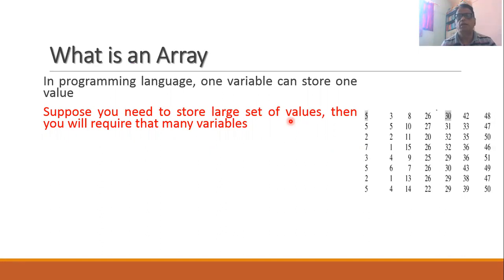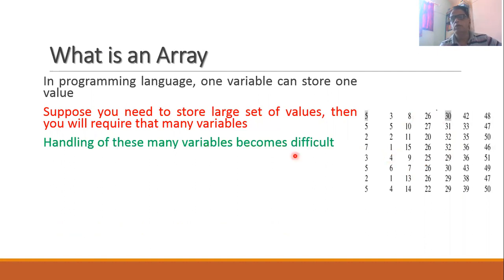Say, for example, if you have the marks scored by students in different subjects, say there are 7 subjects for each student, and if there are a number of students, then there will be a huge collection of numbers.